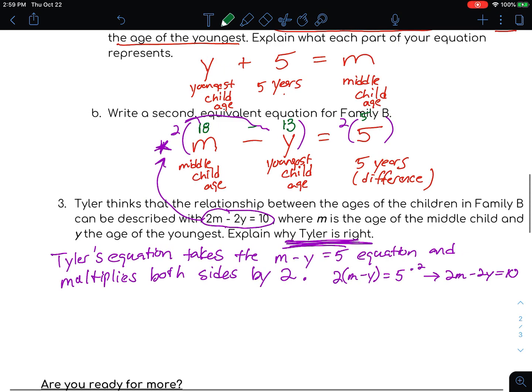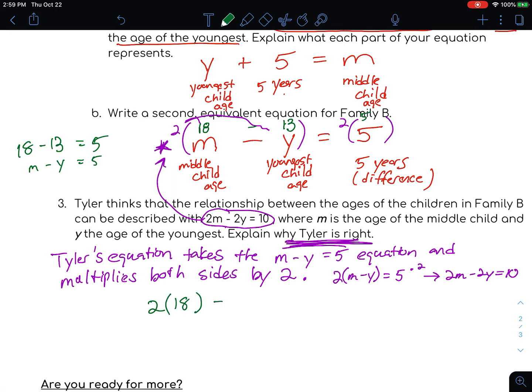So let's see if that works, because that definitely works in the first equation. 18 minus 13 does equal 5. So m minus y does equal 5 in that case. But let's see if it works in the second equation. So is 2 times the middle child of 18 minus 2 times the youngest child of 13 equal to 10?